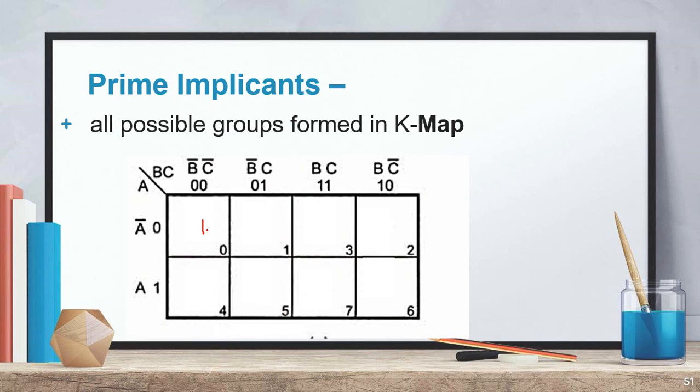Suppose here in this example, we have 1 present in cells 0, 1, 5, 7. In this, how many prime implicants do we have? One possible group is 0 and 1, another group is 5 and 7, and one more possible group is 1 and 5.